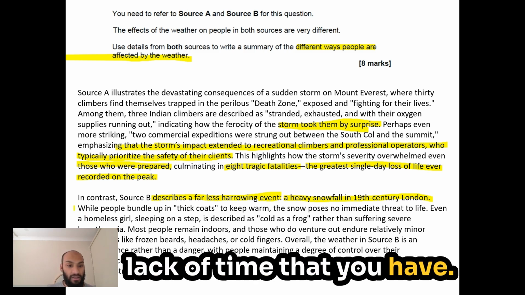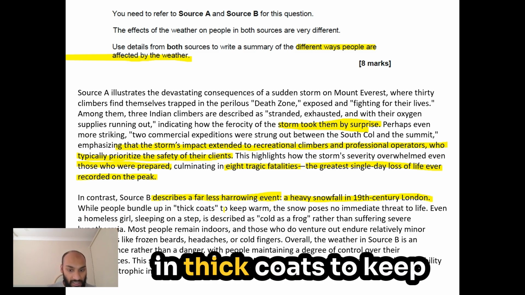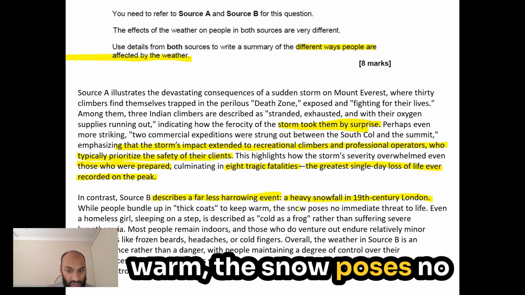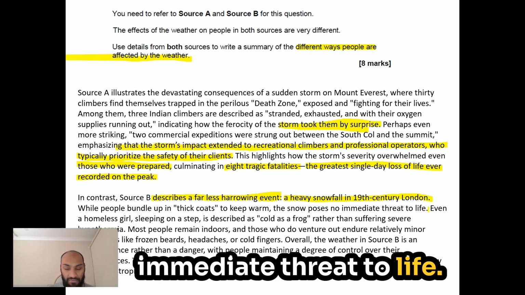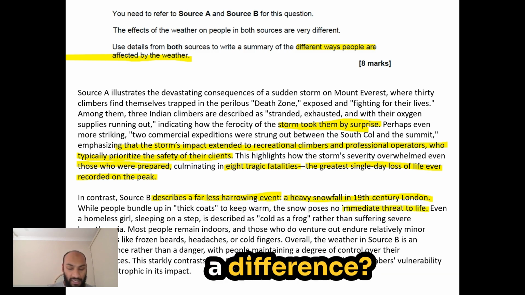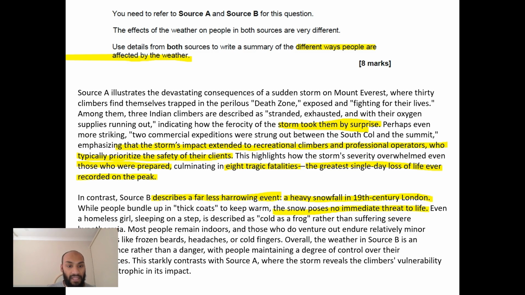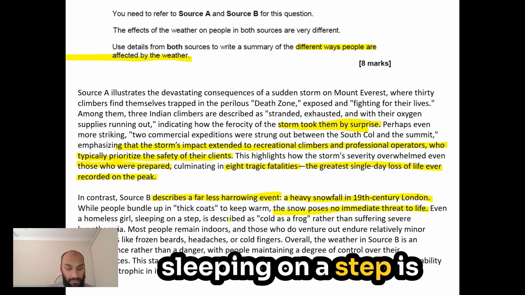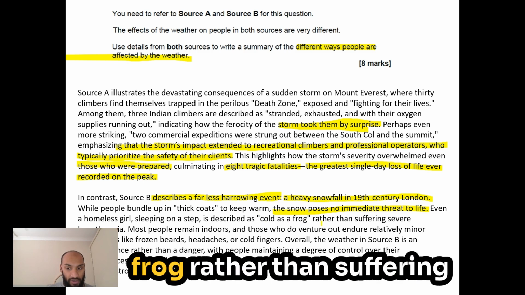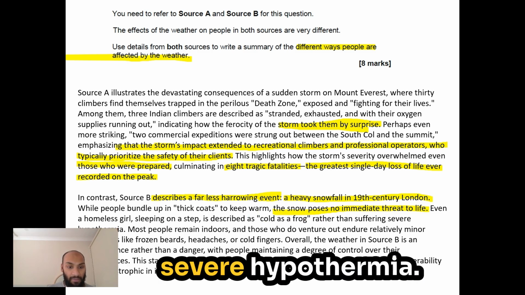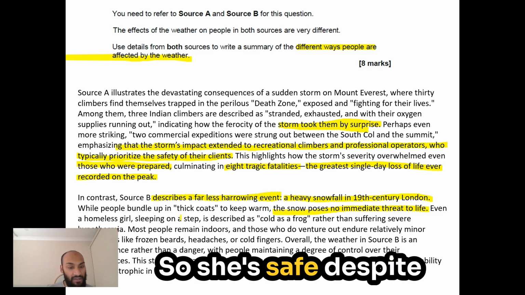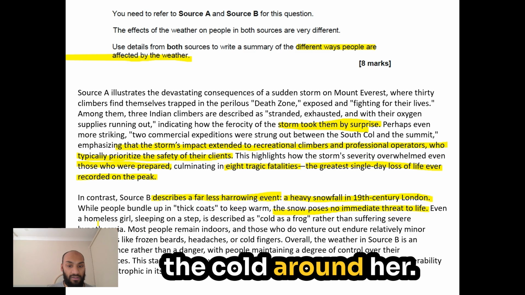While people bundle up in thick coats to keep warm, the snow poses no immediate threat to life. Again, is that a difference? Yes, that is. Even a homeless girl sleeping on a step is described as cold as a frog rather than suffering severe hypothermia, so she's safe despite the cold around her.